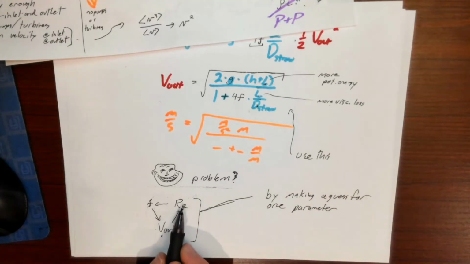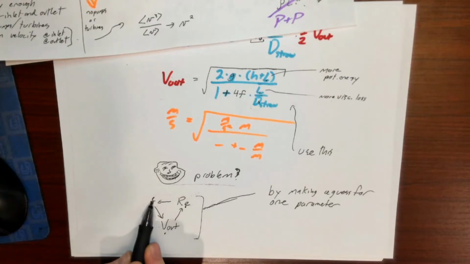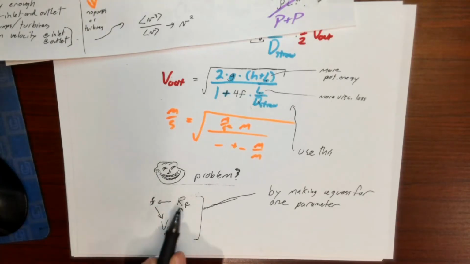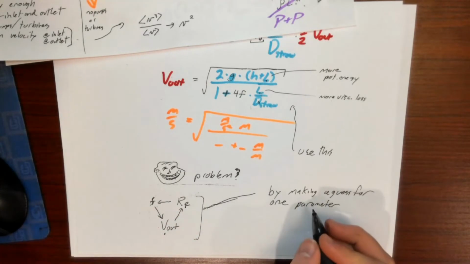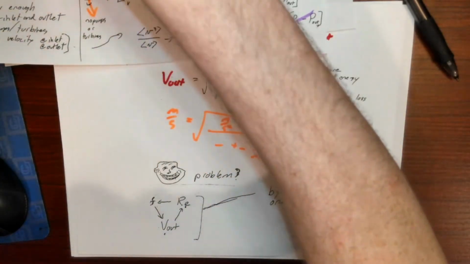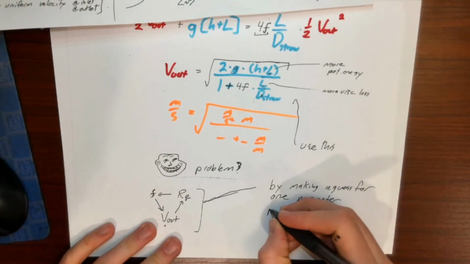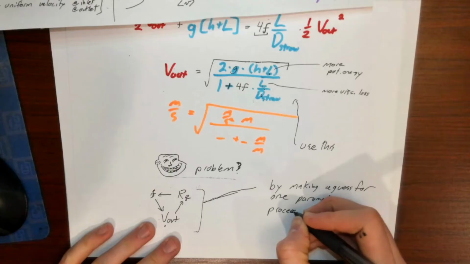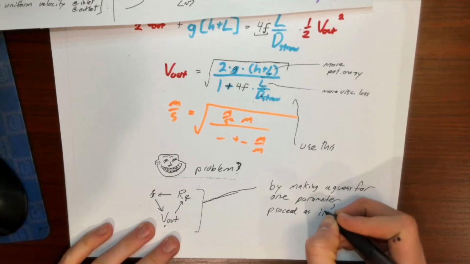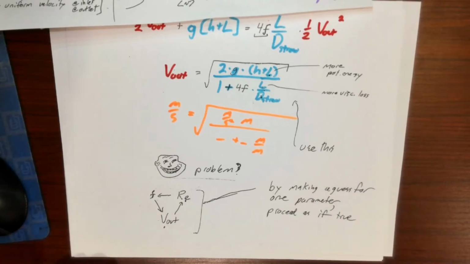Let's say make a guess for the Reynolds number, or make a guess for Vout, or make a guess for friction factor. Just make a guess for one of them. So make a guess for one parameter, and then proceed as if that were the ground truth.